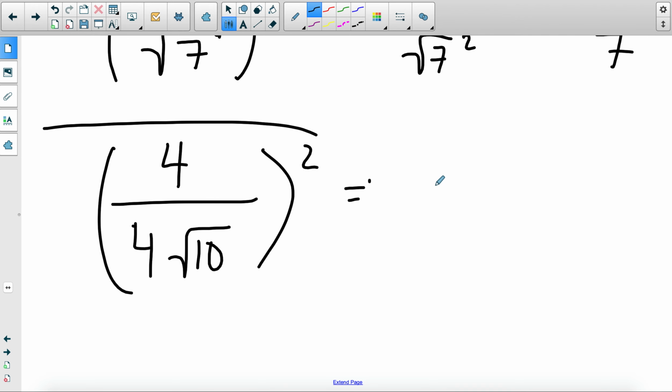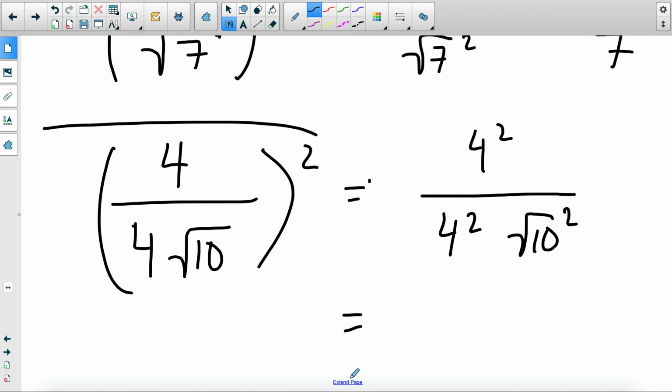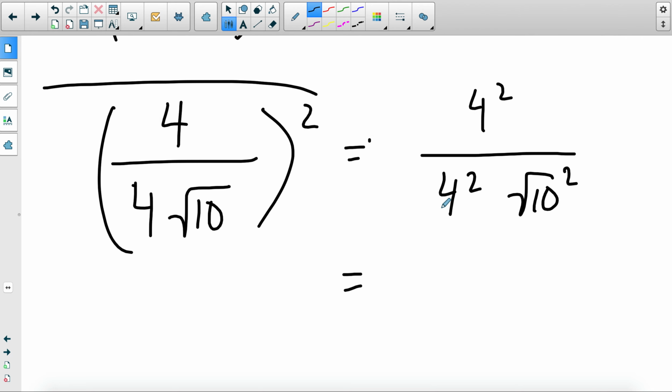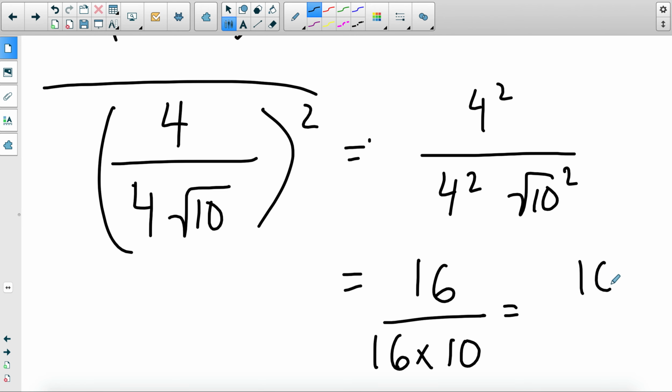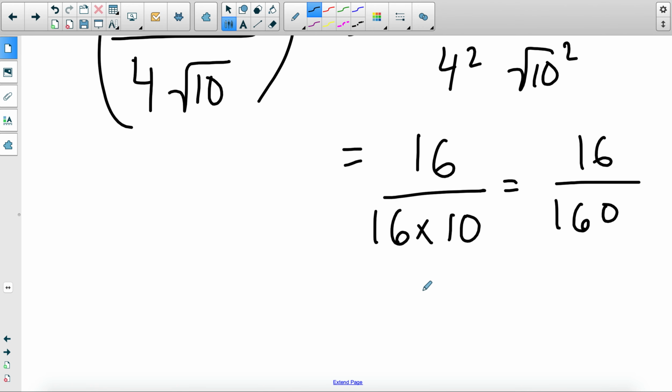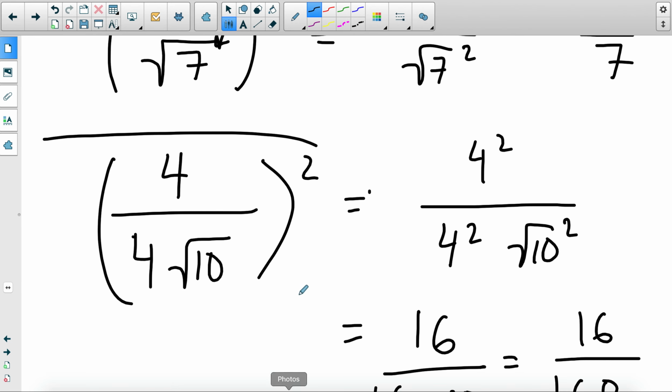Again, you spread the square, you end up with 4 squared over, this will be 4 squared as well, and then the square root of 10 will be squared as well, so you end up with 16 over 16 times 10. Remember, just the value under the root, and this will be 16 over 160, or if you spotted it, this simplifies to 1 over 10, which actually we could have simplified from the beginning.